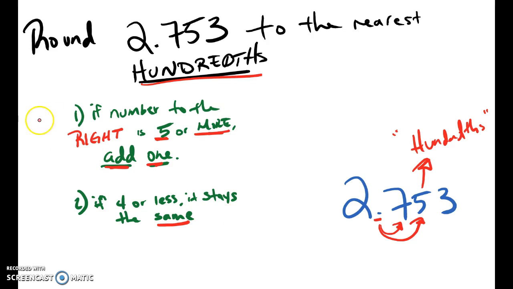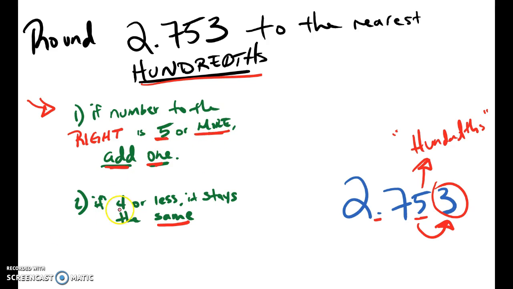Okay, and then we would follow our rules. The first step is we look to see what number is to the right of this 5. We know that this number is 3, so we don't follow the first rule because it's not 5 or more, right?